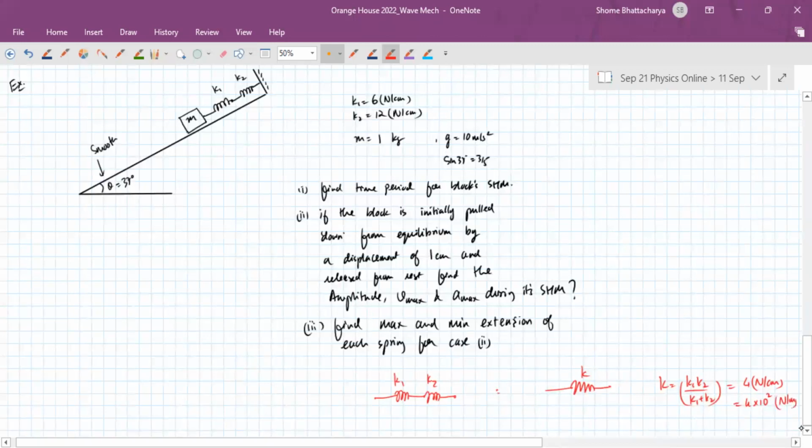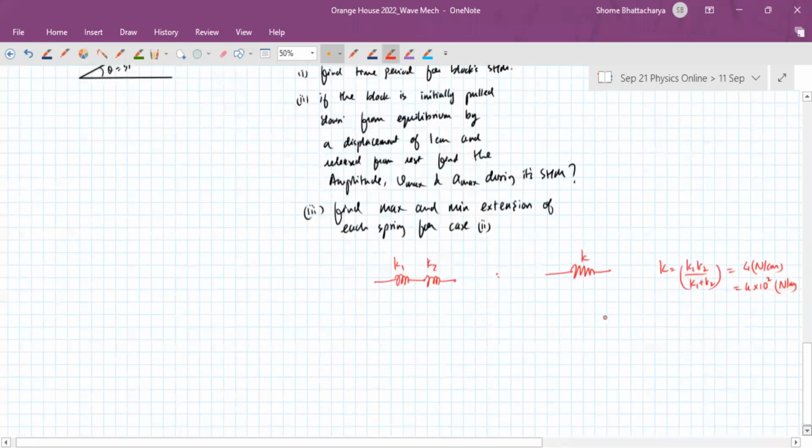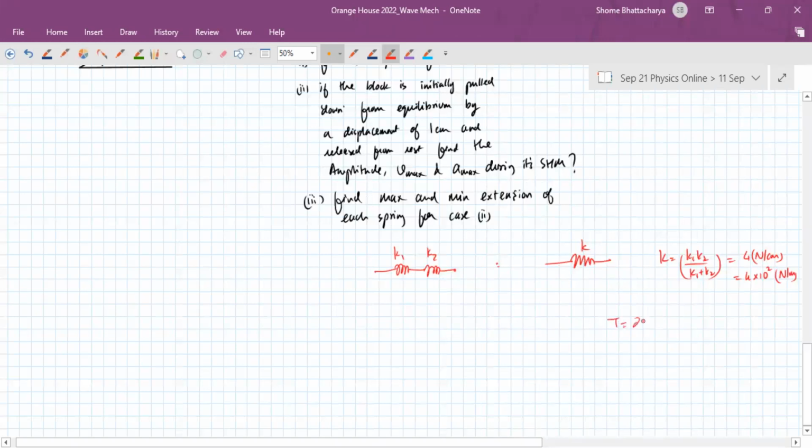Okay. Now you can see that for this system, time period will be 2 pi under root m upon equivalent k. So that will become this. You should just understand as a direct formula.